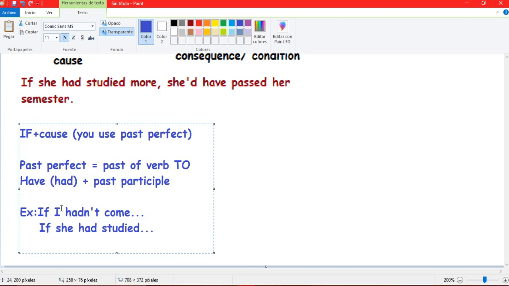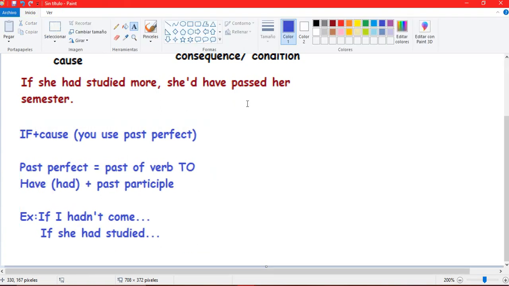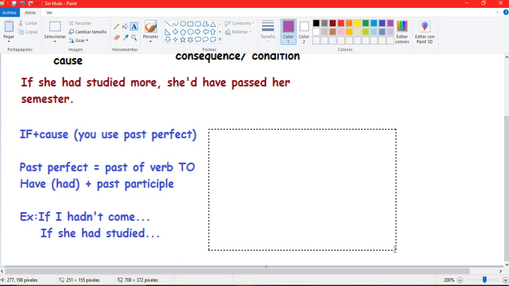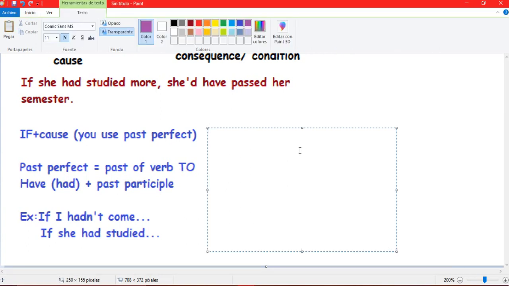As I said, we have the past perfect: had, negative or positive, and the past participle, in this case come or studied. And because this is a cause, we use if to introduce the sentence. So if I hadn't come, or if she had studied. This is the first part of the third conditional.